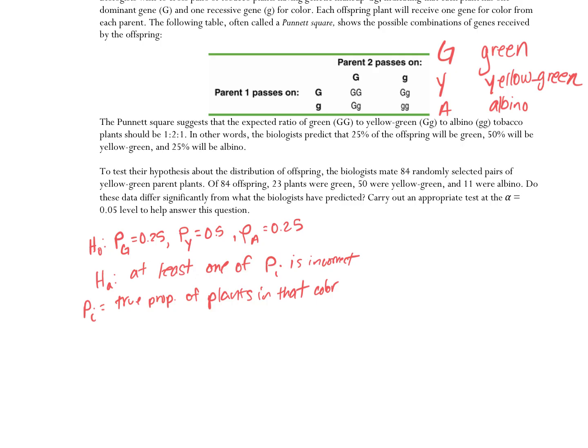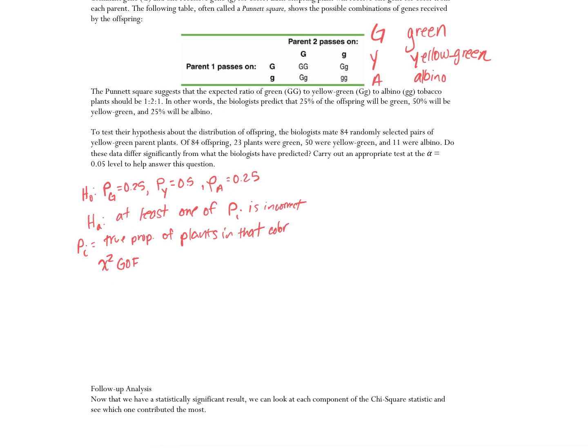In some respects, I might look at this and say, hey, my null hypothesis is really about 3 different proportions, so the appropriate test for that is a chi-squared goodness of fit test. Now, what was my first condition of the chi-squared goodness of fit test? Random.